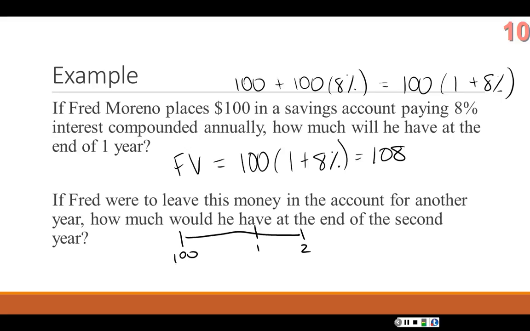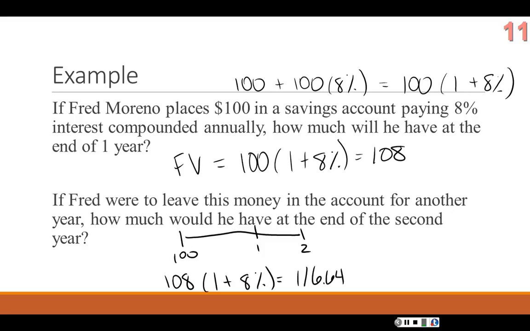That 108 is now gaining interest, so we need to see how much he'll have at the end of the second year. So we already know that he's going to have 108 at the end of the first year, and we can multiply that by 1 plus 8%, and we'll get $116.64.